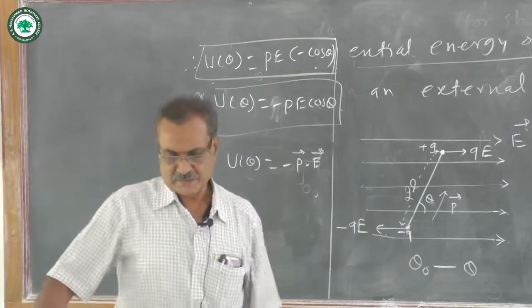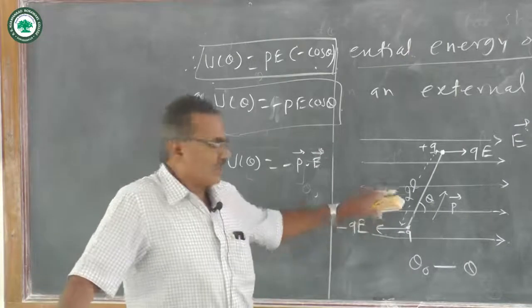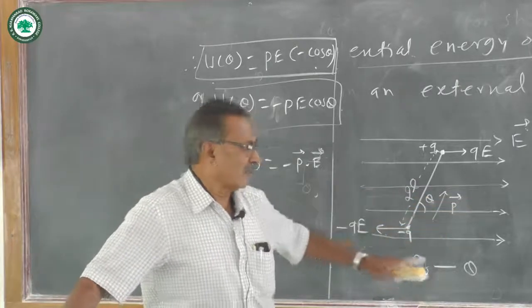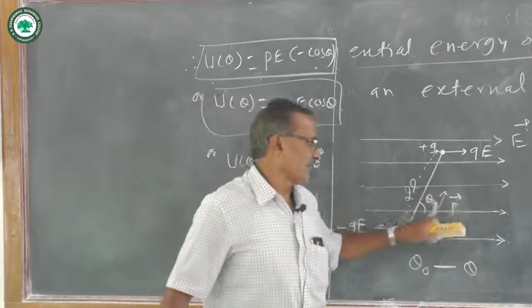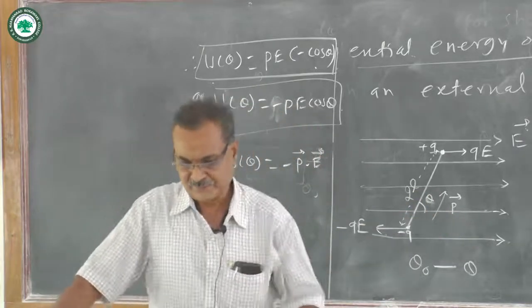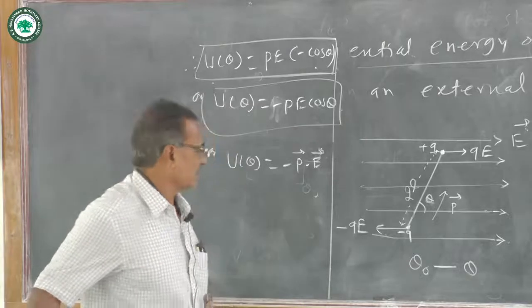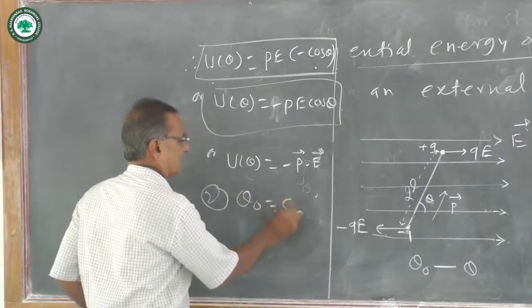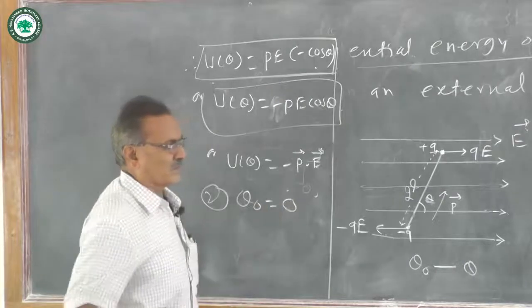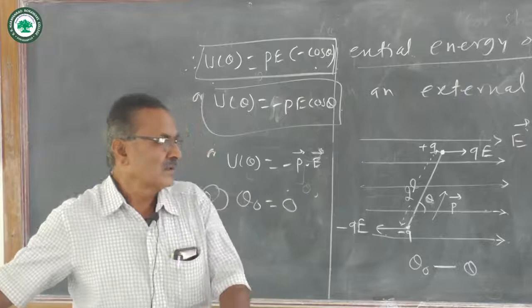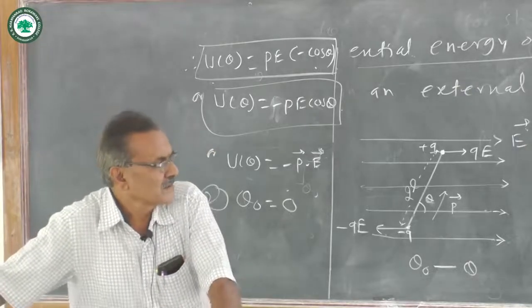Another case: initially the dipole is parallel to the electric field, then what will happen? The angle between them is 0 degrees, so in this case theta 0 is 0. From equation 2, theta 0 is 0, then cos 0 is 1.